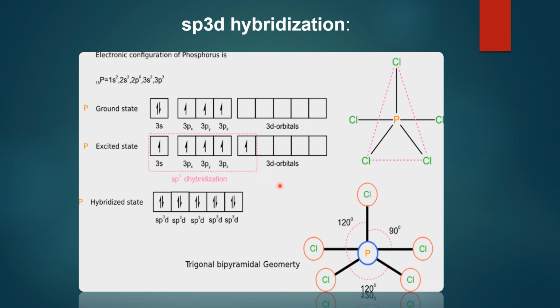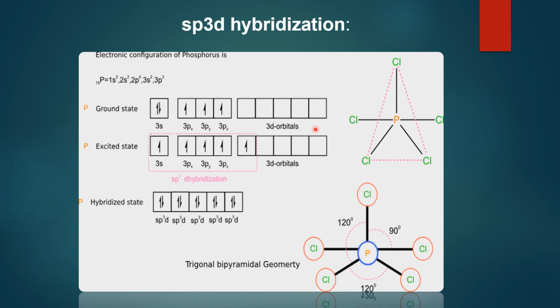The angles obtained in the PCl5 molecule are 120 degrees and 90 degrees. The shape of the PCl5 molecule is trigonal bipyramidal geometry. The mixture of spd orbitals forms, as we know, trigonal bipyramidal symmetry.